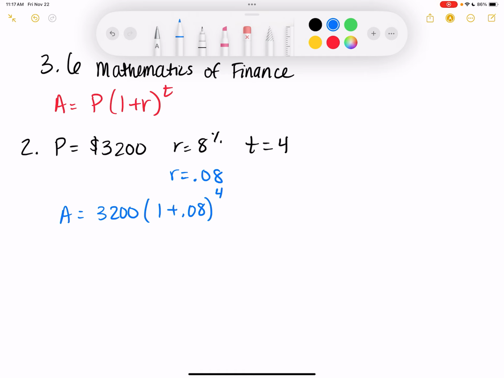So this is a pretty big calculator section overall. Also, when you're writing it, unless it's just asking you to write the formula, you can go ahead and write this as 1.08 if you would prefer. But you don't have to show that, because I just know that at this point you're plugging it in your calculator.